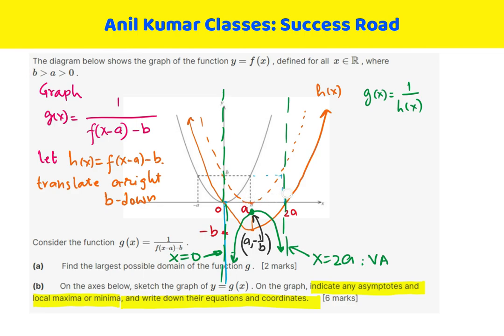Now, wherever you have on this function, let's say b is somewhere, 1 is somewhere in between, right? In that case, the graph on the right hand side will be like 1 over x, right? And on the left hand side also it will be like 1 over x, and symmetric.